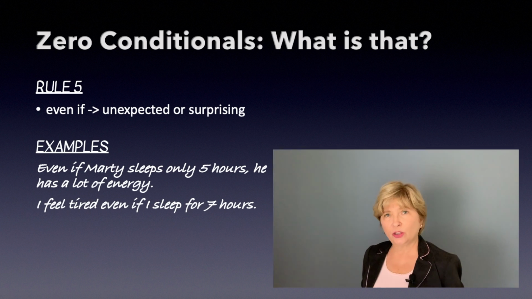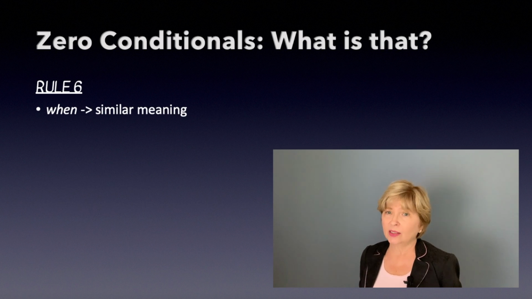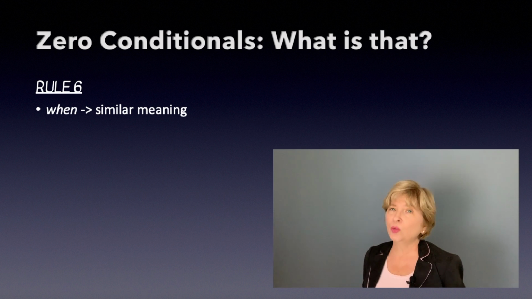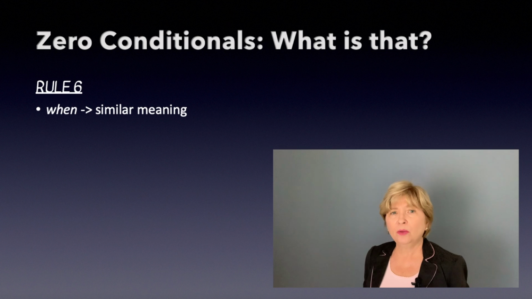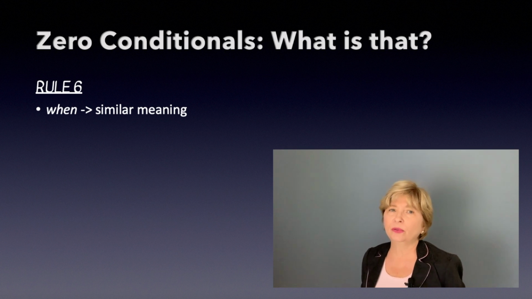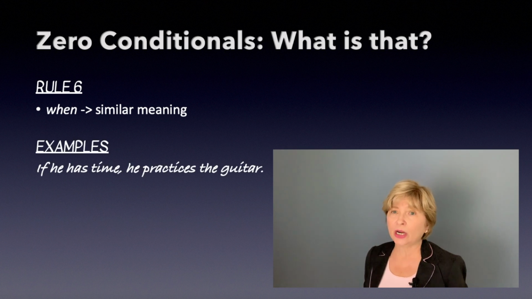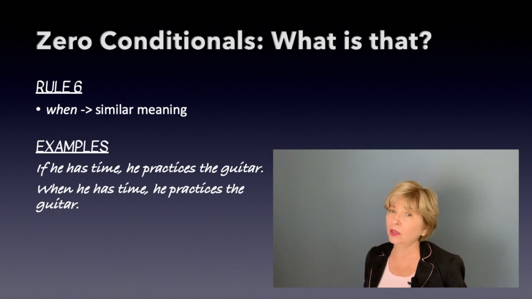I told you that zero conditionals are also called present real conditionals. Rule 6 says that in present real conditionals, we can use when instead of if, and the meaning is similar. For example, if he has time, he practices the guitar. And when he has time, he practices the guitar. The difference in meaning here is so small. The difference is this.